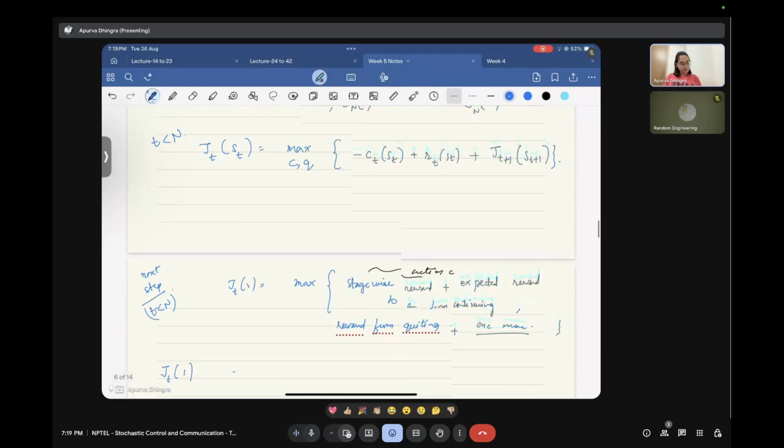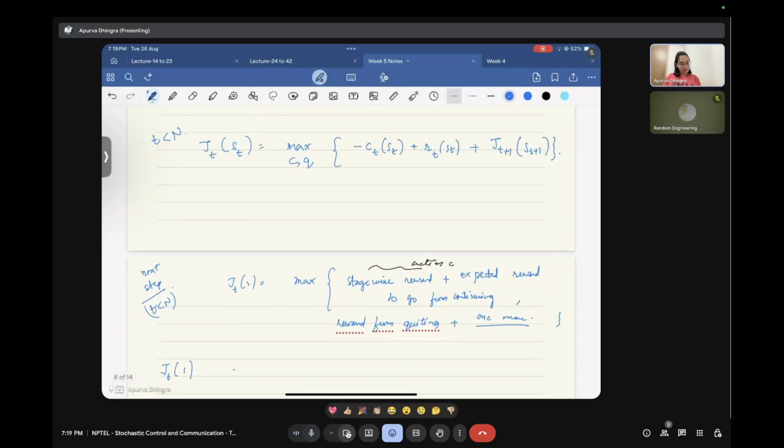And this pretty much is the same as saying, so we can write down what this is for the two situations. So okay, let's do that first. Right, so what this means is we are interested in ct, rt, this is the stage wise reward, if action c is taken.